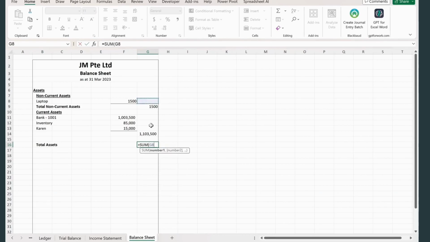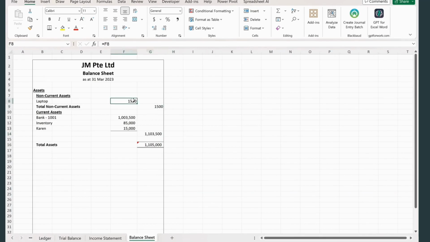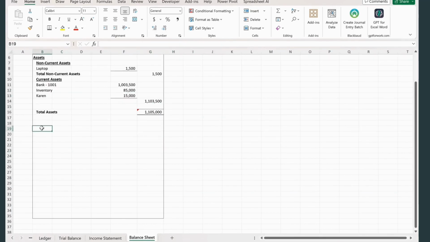Total assets equals to current assets plus non-current assets. Here, equity and liability. Remember, assets always equals equity plus liabilities.